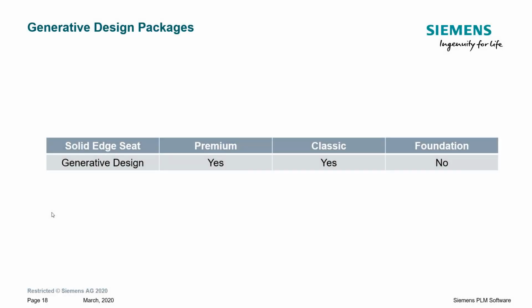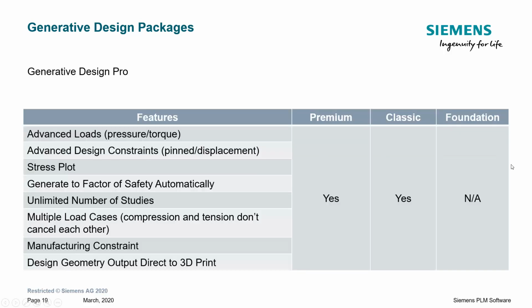The basic generative design package is available in both premium and classic Solid Edge seats, but not foundation. This chart shows some of the differences between the Generative Design Standard package and Generative Design Pro.